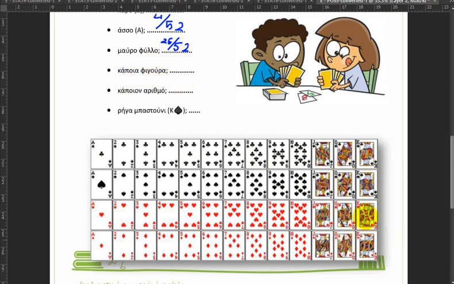Getting a figurehead, so you can see here king, queen, or a jack, basically. There are a total of 12 of these cards, so that would be 12 out of 52.